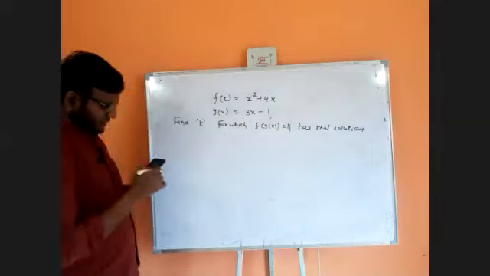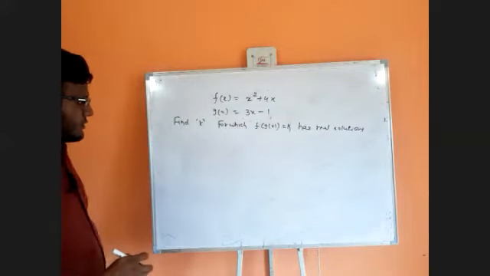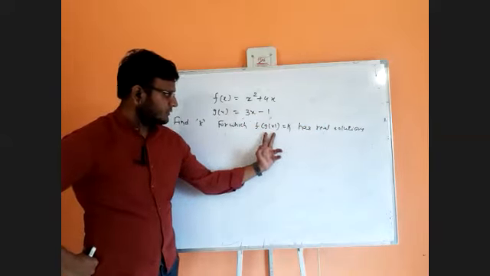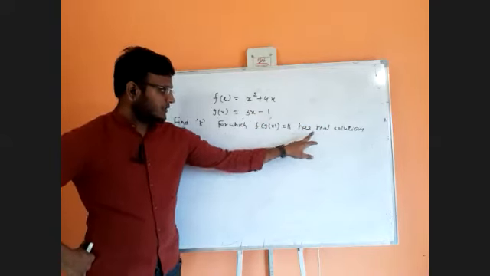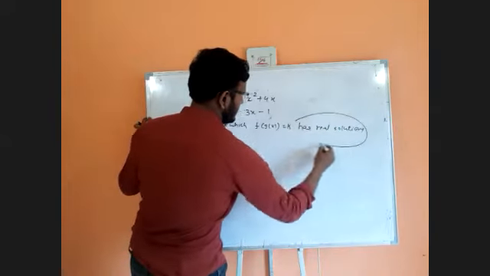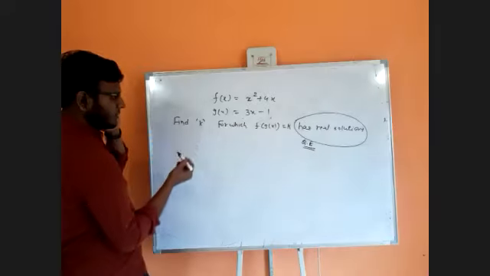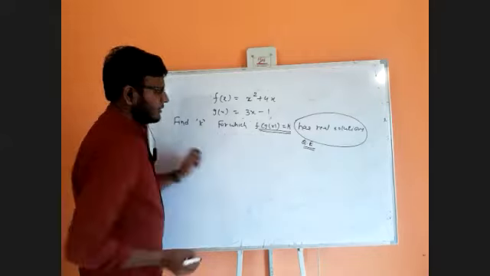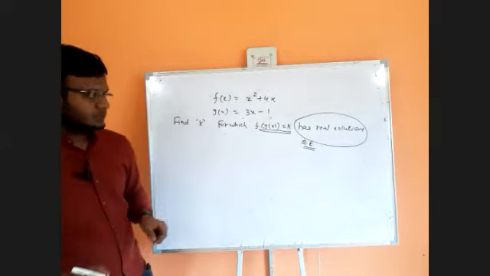Now see, this is a mixture of two questions. Ultimately you just have to find f of g of x, and that equal to k has real solution. So this part is of which chapter? Tell me. This part is of the quadratic equation. Correct. It means this equation is going to give you a quadratic equation, and you just have to solve it for real solution.